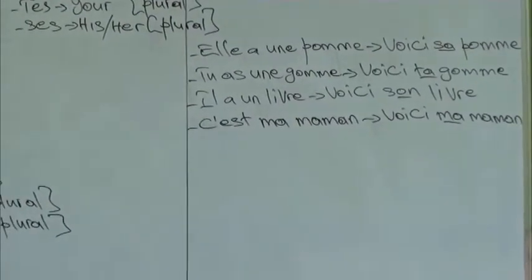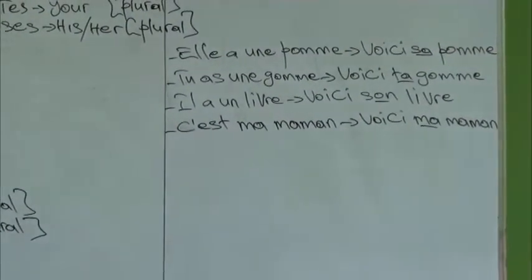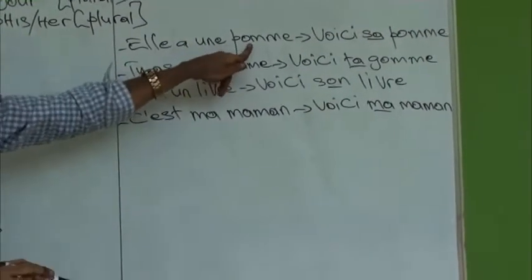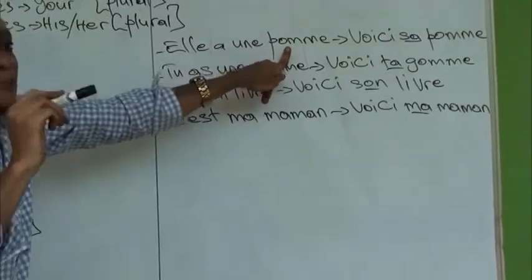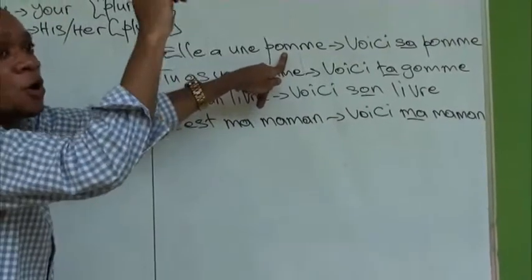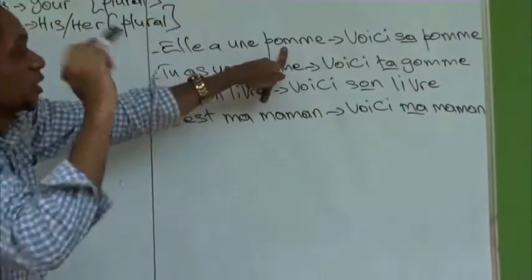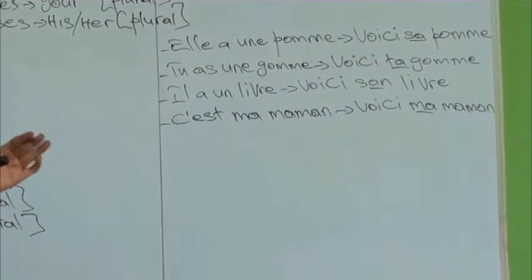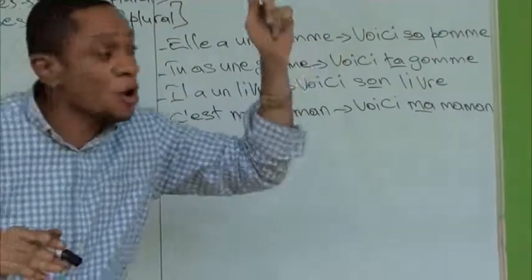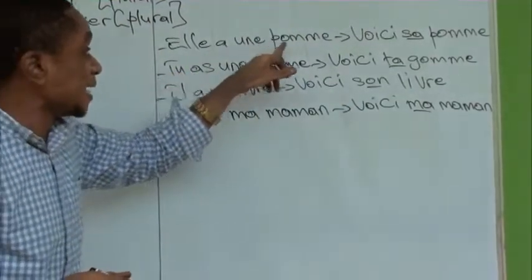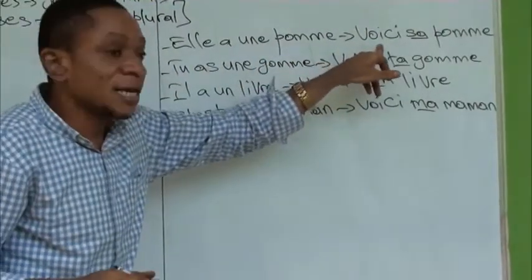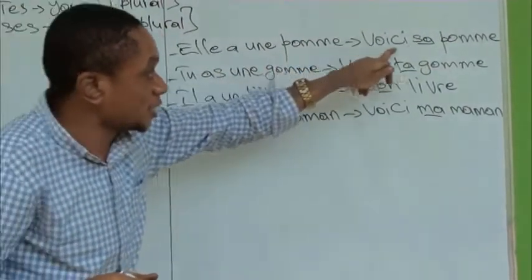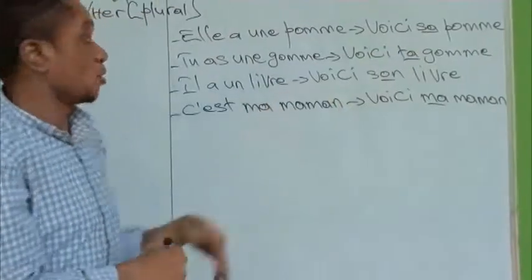Sa means his or her. So, elle a une pomme. She has an apple. And because that apple belongs to him or her, you will say, voici sa pomme. Here is her apple, right?